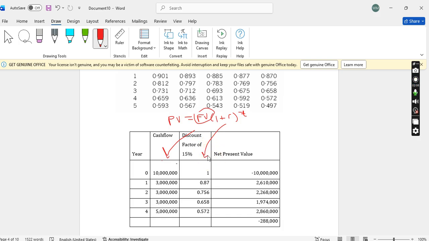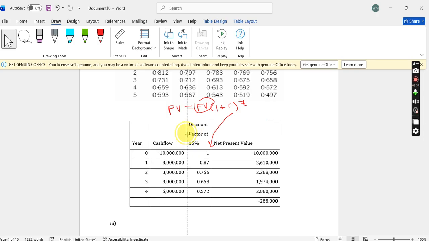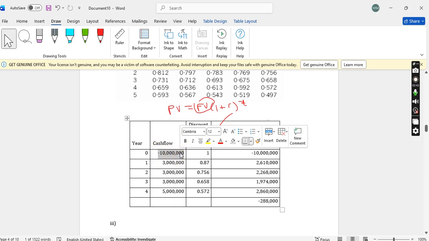That's all we're doing here, using the same formula from the time value of money technique. Again, you're going to start at year 0, first day of year 1. Put negative 10 million. As I say, this is just representing you paying out the money.